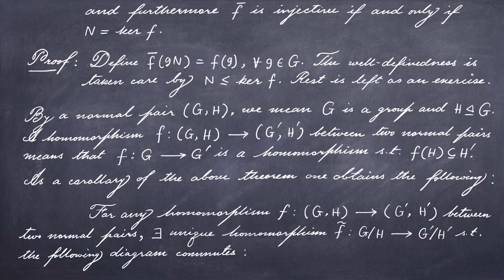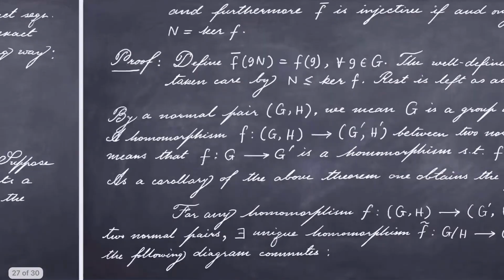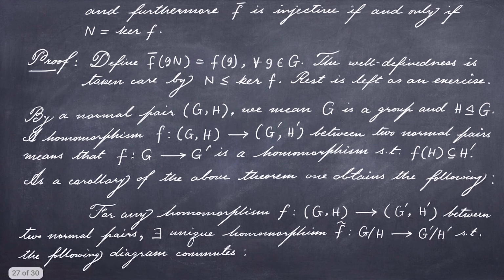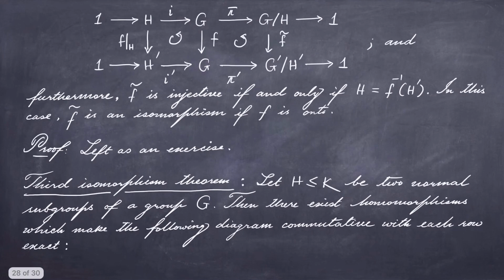Now as a corollary of this extension, we see the following: for any homomorphism F from the normal pair G comma H to G prime comma H prime, there is a unique homomorphism from the corresponding quotient group G mod H to G prime mod H prime such that the following diagram commutes.